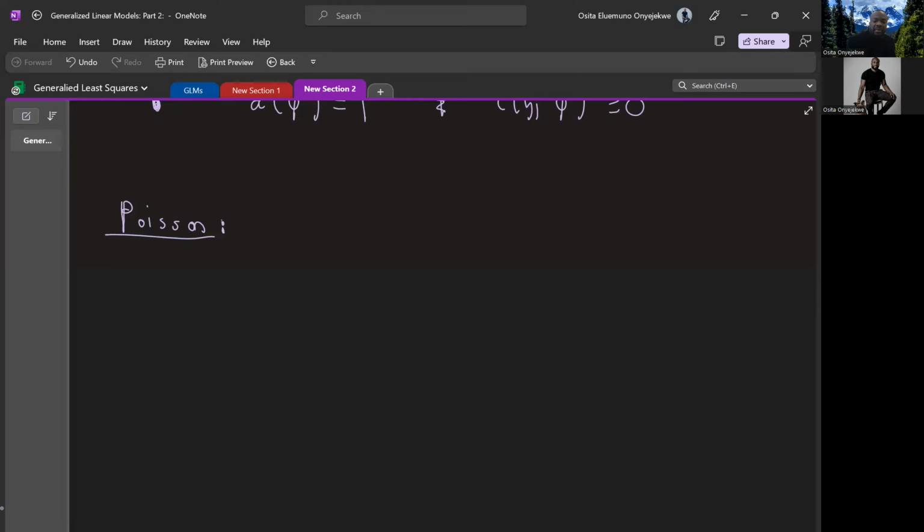Okay, so now we are dealing with the Poisson. So for the Poisson, let's suppose that y belongs in 0, 1, 2, 3, etc. In other words, this means that y is a non-negative count.